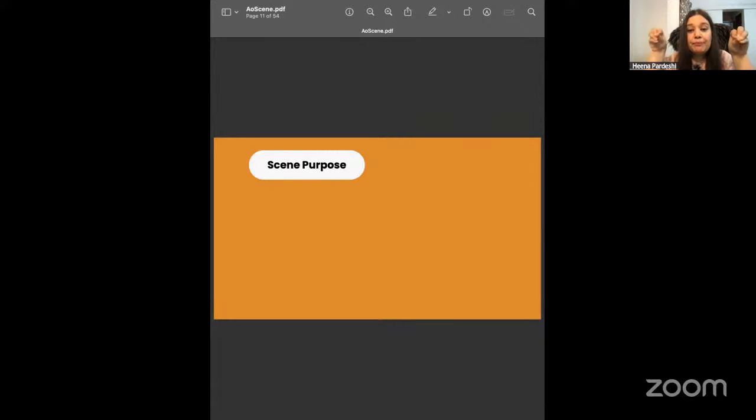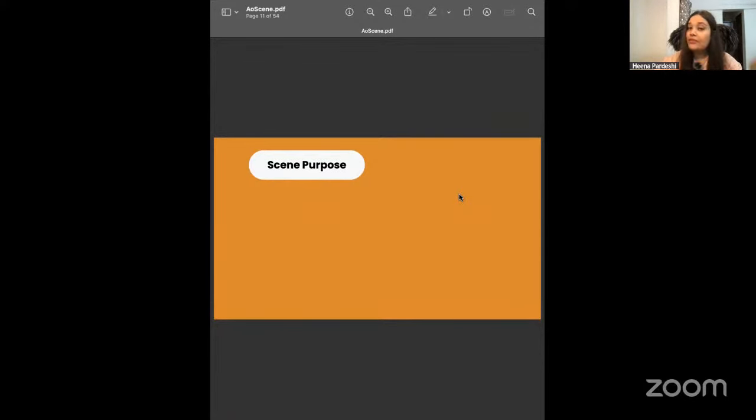There can be 2 kinds of purpose of a scene. Now, this is very crucial. First is story purpose, which is actually external purpose, and then we have emotional purpose. Before we go ahead, let's just quickly look at all the 8 elements of a scene.